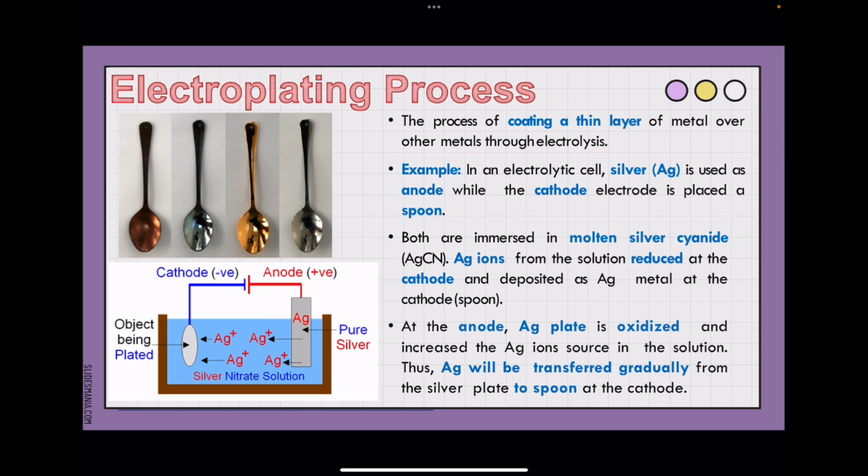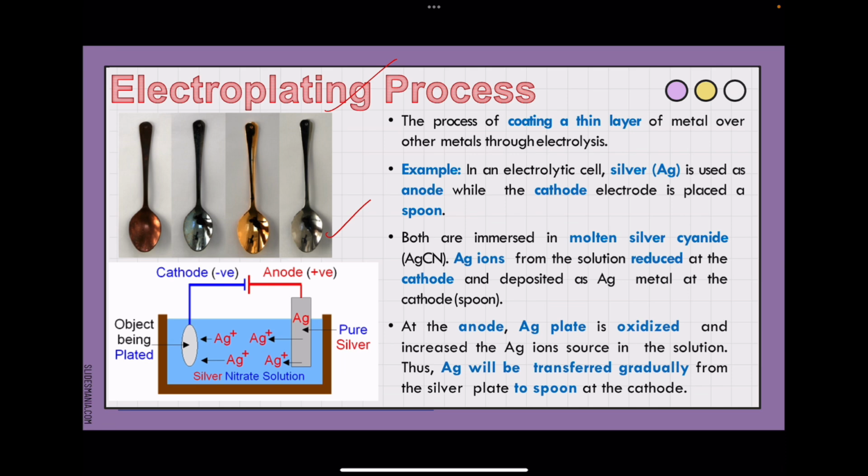Another application is the electroplating process. This is the process of coating a thin layer of one metal onto another using electrolysis. For example, to coat a spoon with silver, we use a silver anode and place the spoon as the cathode. Both are placed in a solution of silver cyanide.